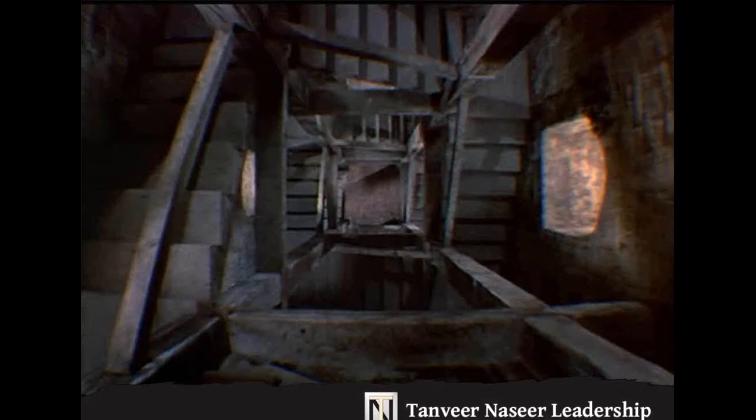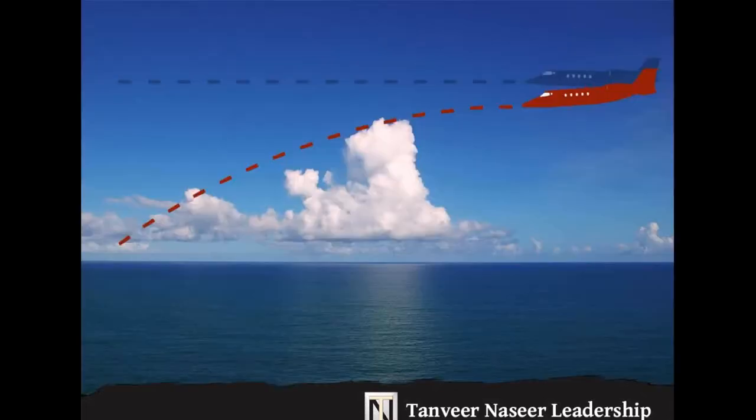A good example to help us better understand what this looks like is the crash of John F. Kennedy Jr.'s plane in the Atlantic Ocean. What caused John F. Kennedy Jr. to crash his plane was this phenomenon of vertigo, where his brain convinced him that he was flying in a straight path, when in fact he was flying his plane in a downward direction towards the ocean floor.